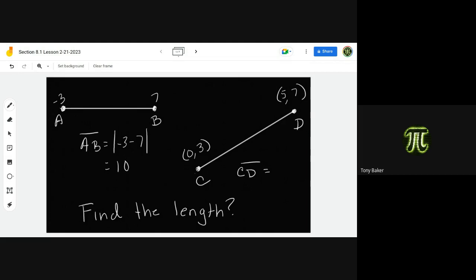So how do you find the length of a line that would be diagonal? Okay. Let's use yellow. So if I make my triangle, got my triangle, what do I do next?